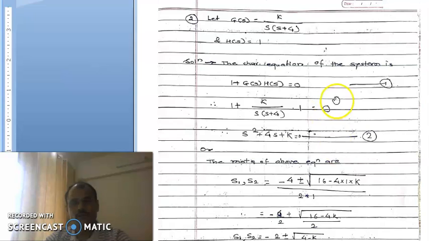example. Here we have two open loop poles, one at s is equals to 0, another one at s is equals to minus 4. There is no open loop 0 and the system parameter k is specified. Again we have a unity feedback system.